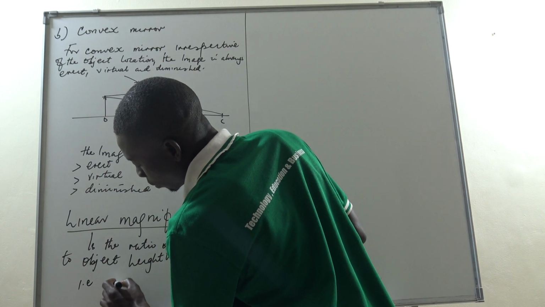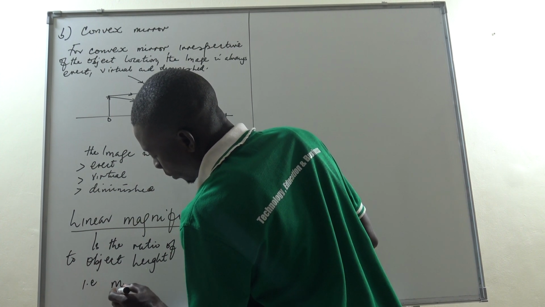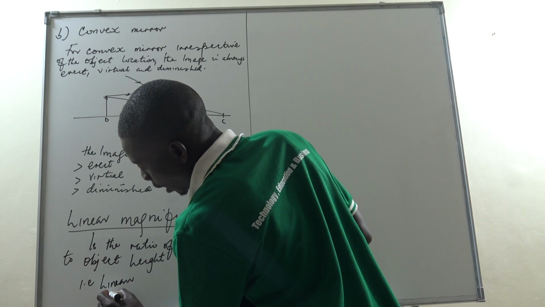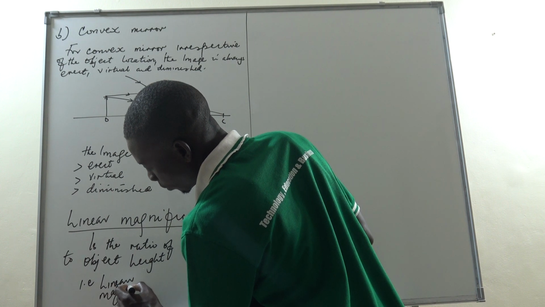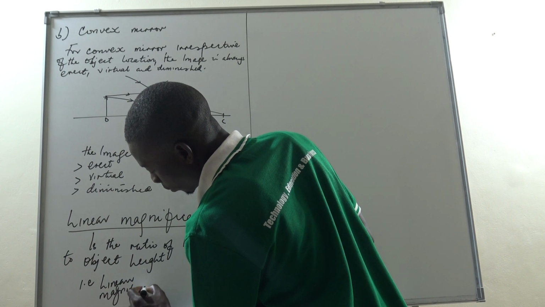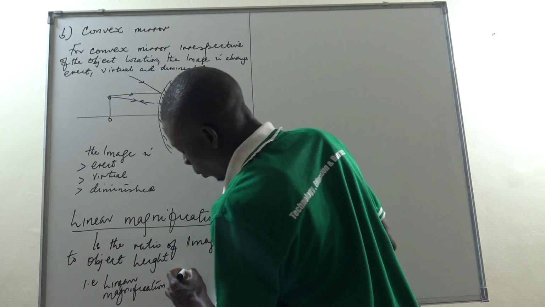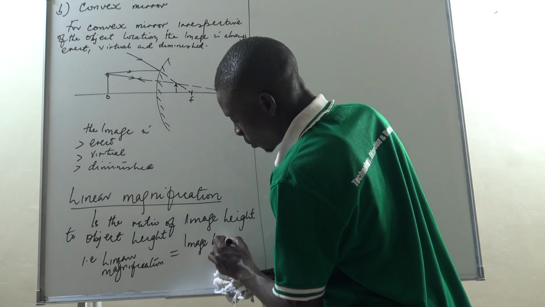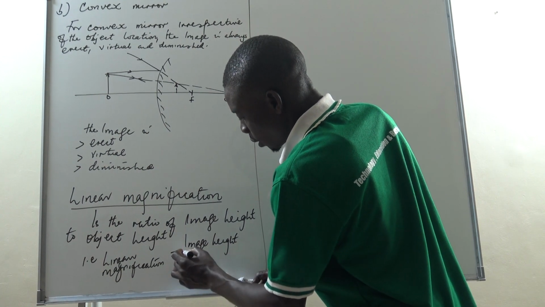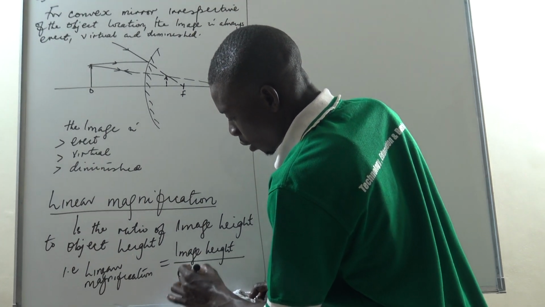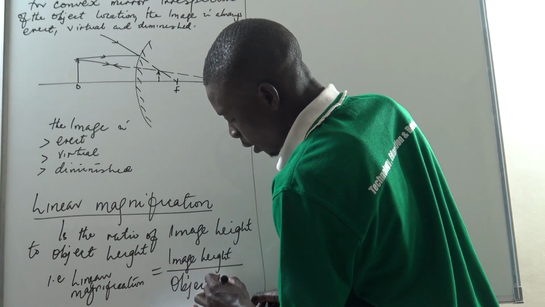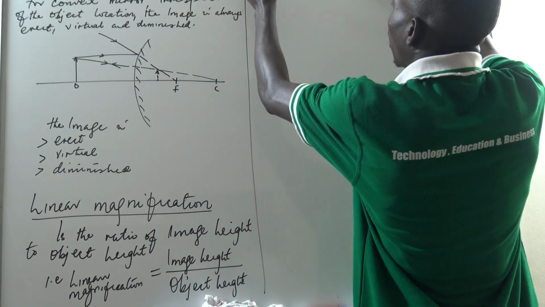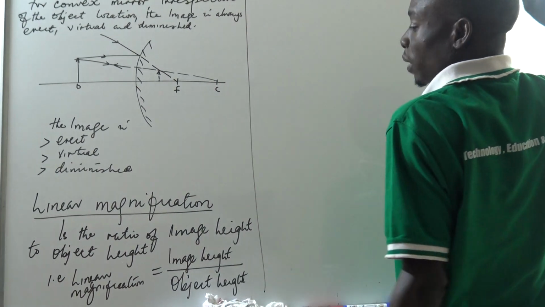That means that linear magnification is equal to image height over object height. Is that okay?